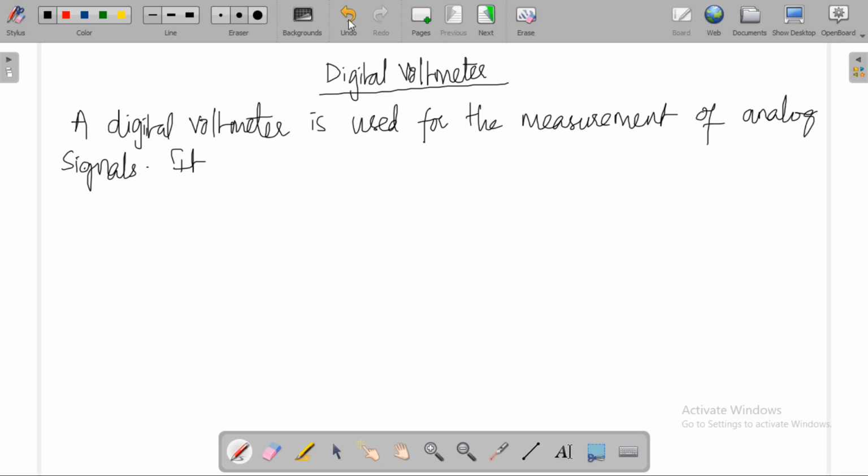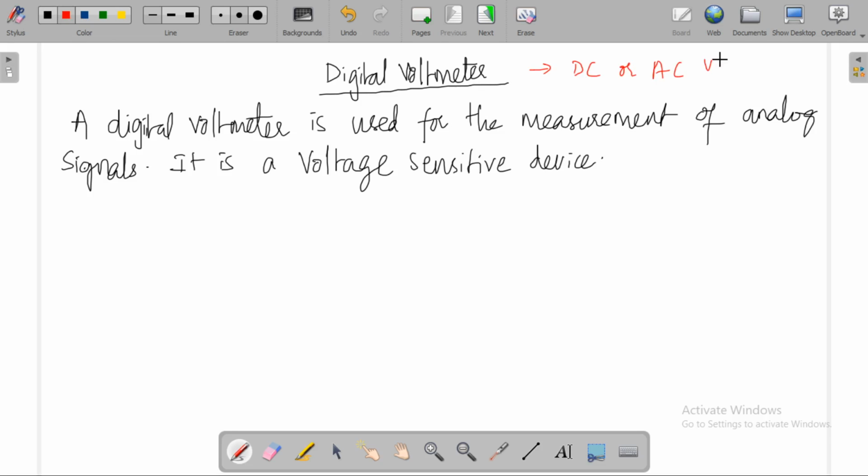It is a voltage sensitive device. That is, the responsible quantity for this measuring instrument is voltage. It measures DC or AC voltage.